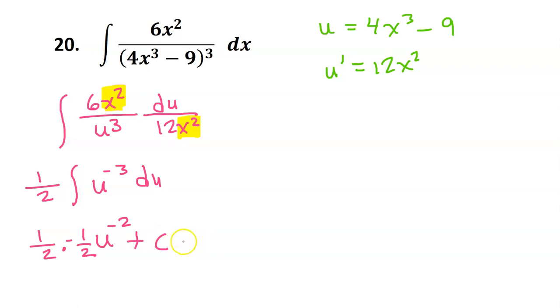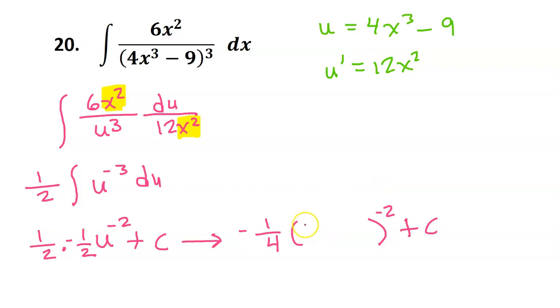Let's bring down the 1/2 that we already have and multiply and put the constant of integration. But we need x's back in here. So let's get this 4x to the third power minus 9 back in. Well, multiplying the constants, we have negative 1/4. And then we have u to the negative 2 power plus c.